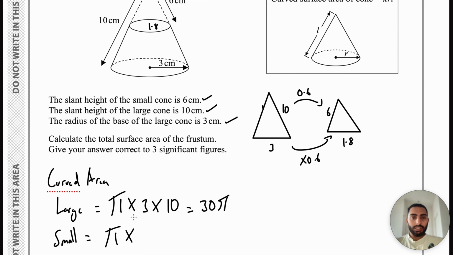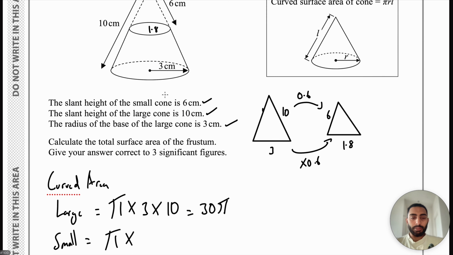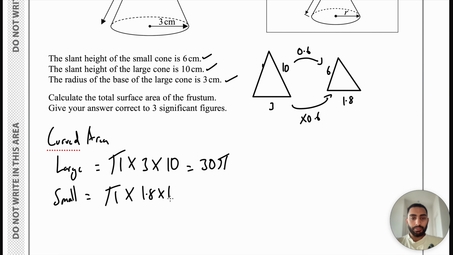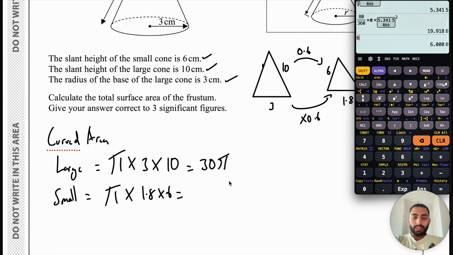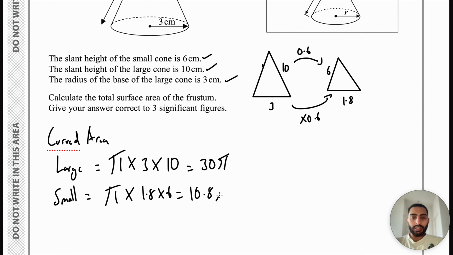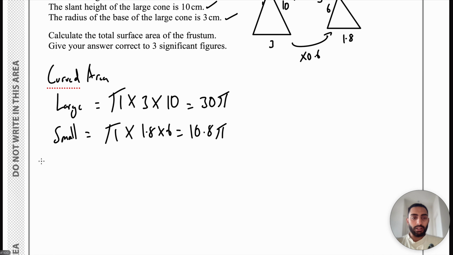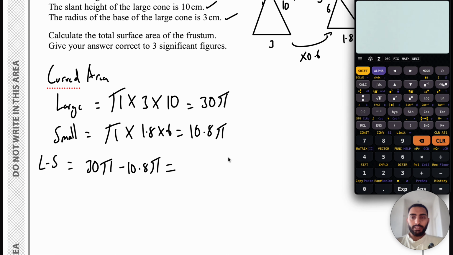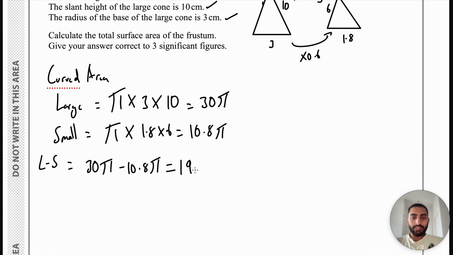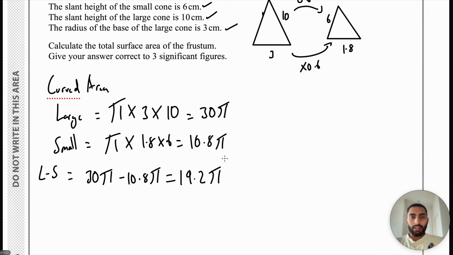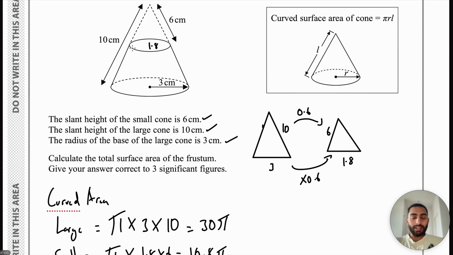I've got pi multiplied by 1.8 multiplied by 6. So 6 times 1.8 is 10.8. So I have 10.8 pi. So the curved part, large minus the small, is going to be equal to 30 pi minus 10.8 pi. So 30, take away 10.8 is 19.2, so 19.2 pi. That's telling me that this curved part is 19.2 pi.